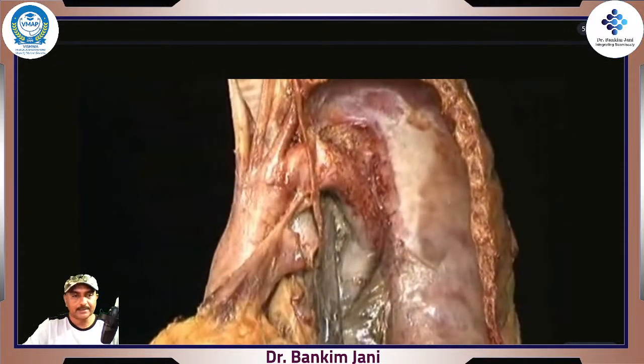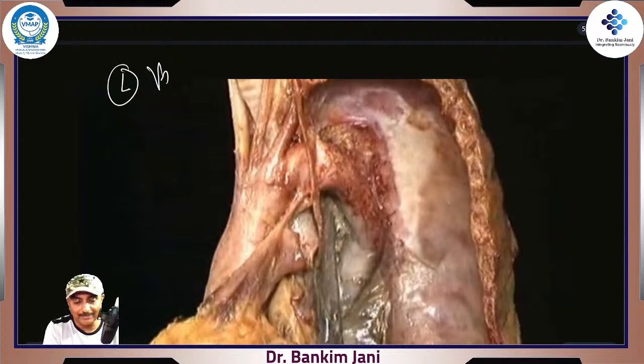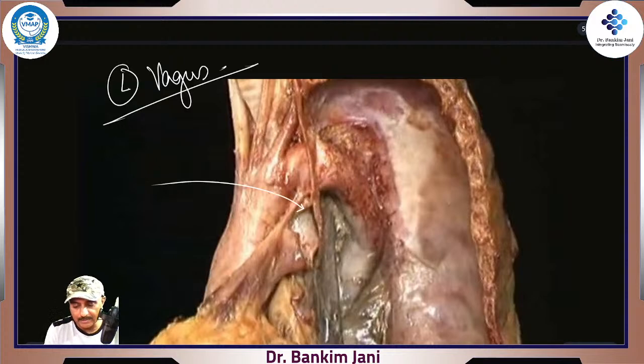The point to remember is that as the left vagus goes down, it gives a small branch at a lower level. And this is nothing but the left recurrent laryngeal nerve.